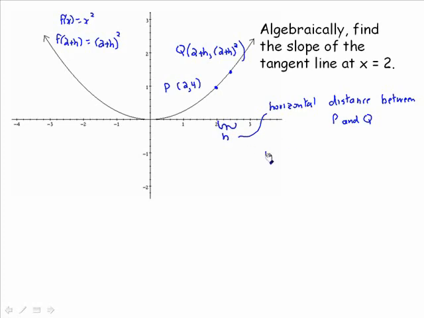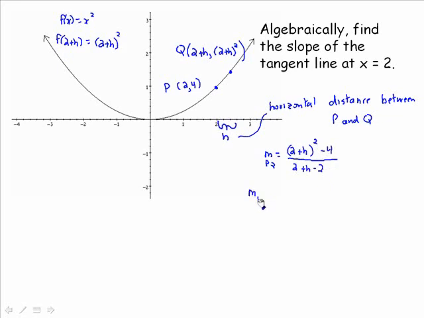So now when we calculate the slope of PQ, we just substitute it in. y2 minus y1 is (2 plus h) all squared minus 4, all divided by the x coordinates, so 2 plus h minus 2.